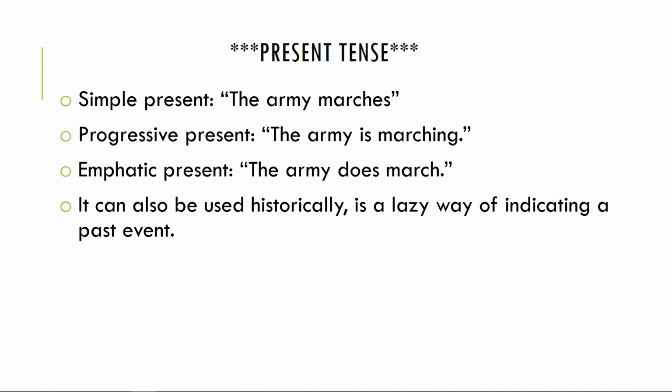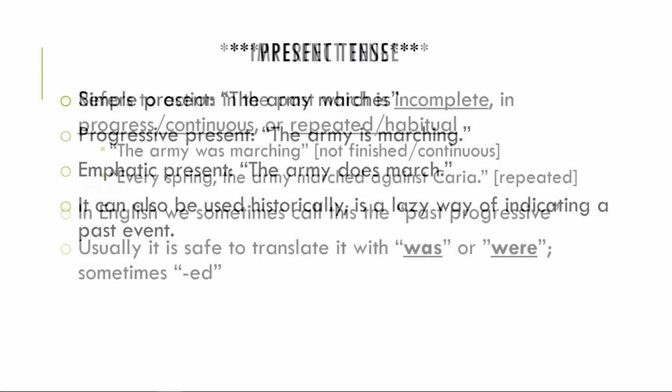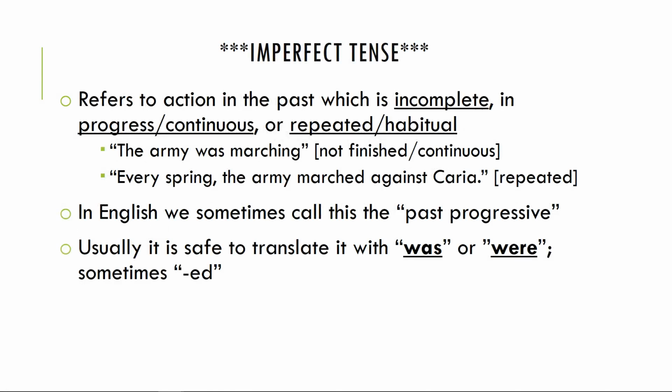The tense that comes next is the imperfect, also extremely common. It's used for past tense, but past tense which is incomplete or in progress, or sometimes habitual, mostly incomplete or in progress. So in other words, the was/were form. The army was marching.